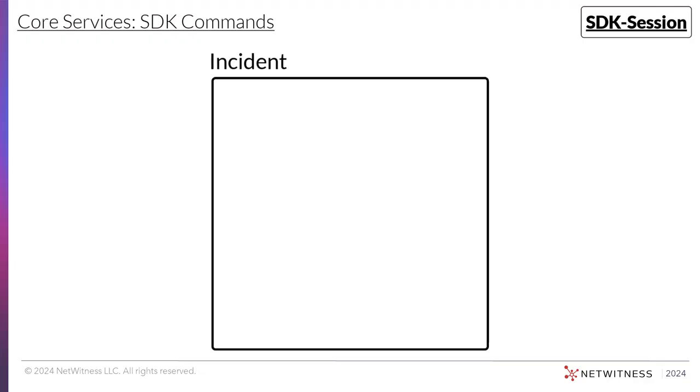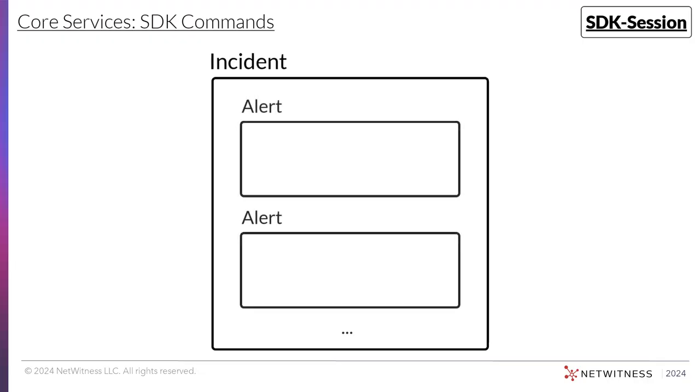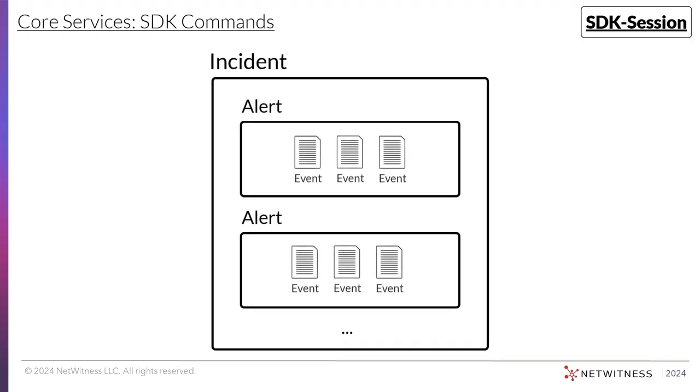A respond incident is comprised of alerts, and an alert is a collection of events. The word event here usually refers to a single session, though some complex ESA rules technically could function a little differently. But normally, one incident might have any number of non-sequential sessions bundled up inside any number of alerts.